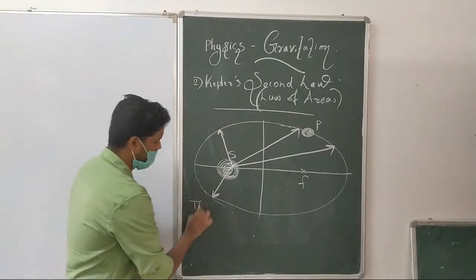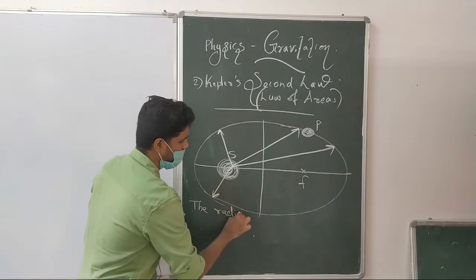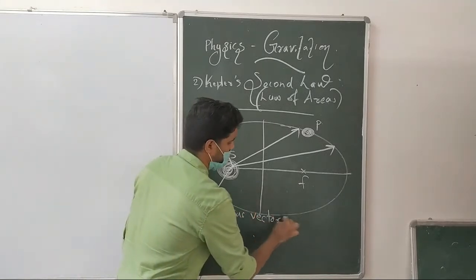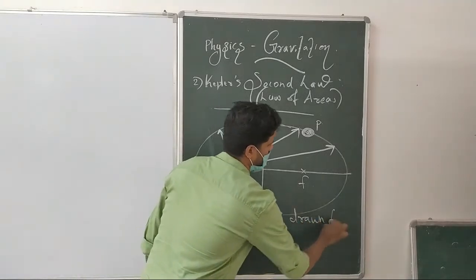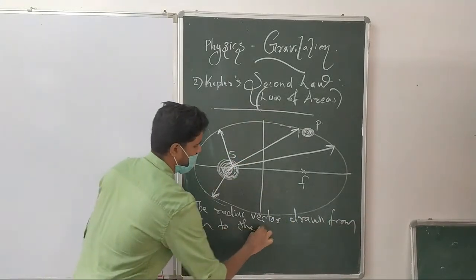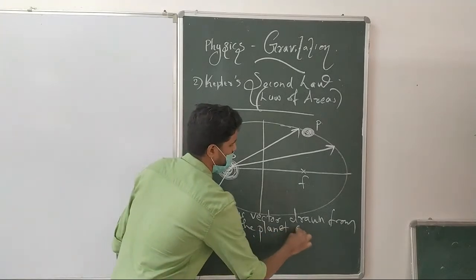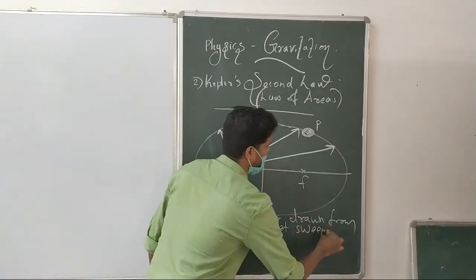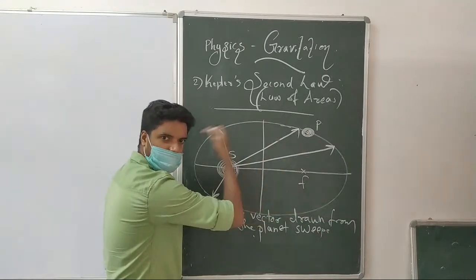The radius vector drawn from the sun to the planet sweeps out. Sweeps means like this, sweeping.